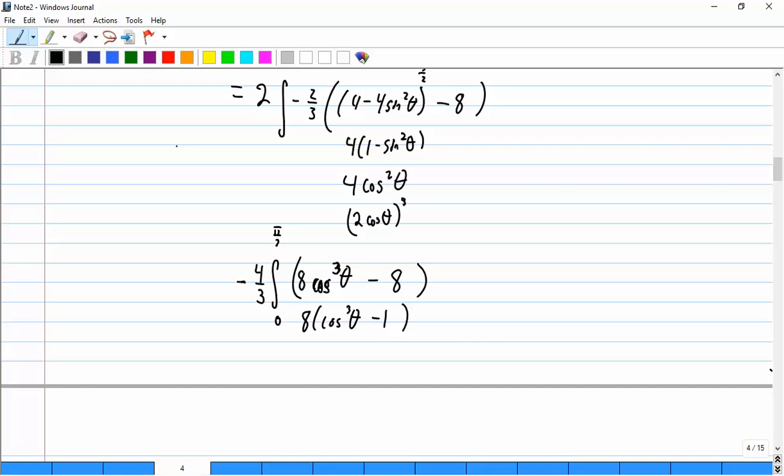It's kind of interesting that that's the difference of two cubes. But I'm supposed to bring out a cosine and change some of the cosines to sines. So how am I going to bring out a cosine?